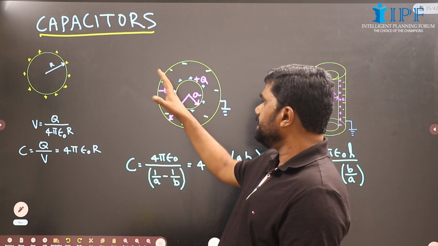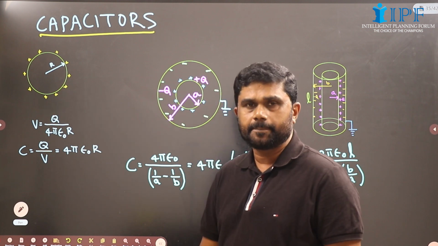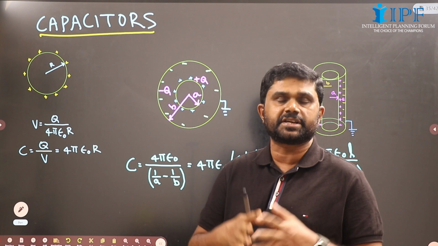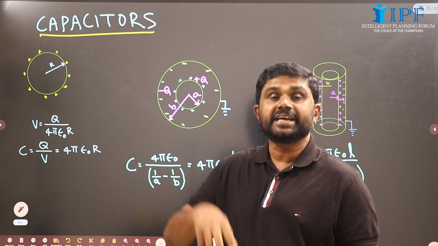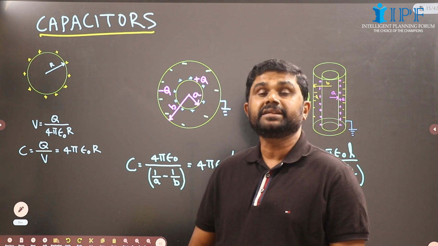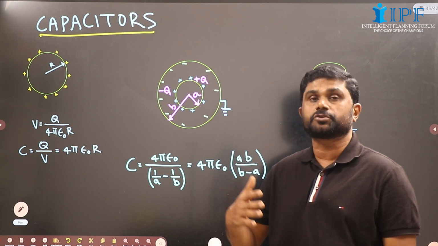Now this is an isolated sphere, but in a regular spherical capacitor there will be two concentric spheres. The inner sphere is given some charge, say plus q, and the outer sphere will be connected to the ground.